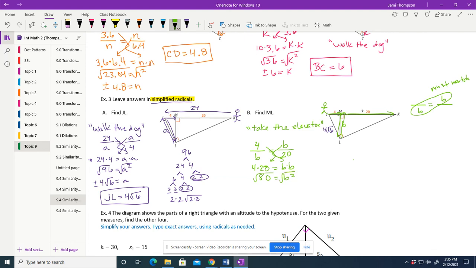80 is not a perfect square. Guess what we need to do? Factor tree. Just pausing to give you a few seconds head start before I show you the correct answer.